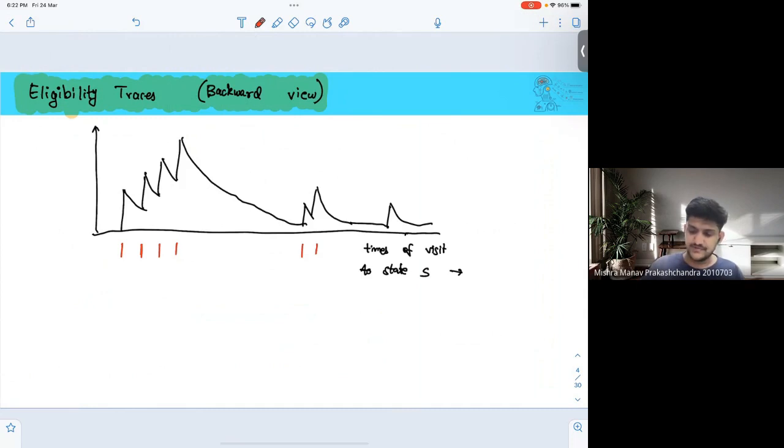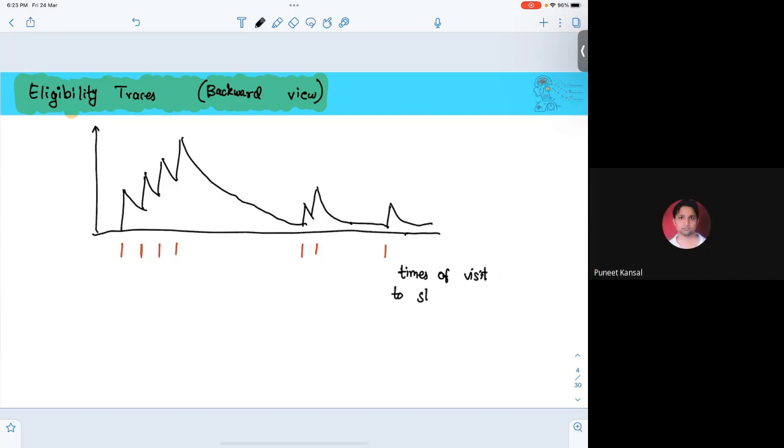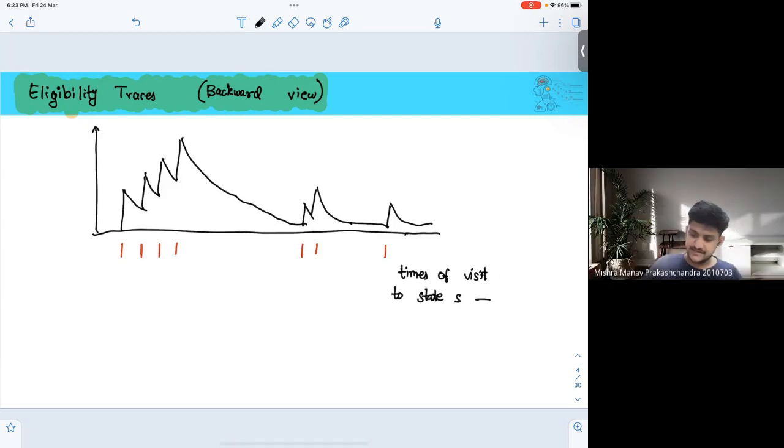So this is 2, and this is 1. Okay, so this tells me the times of visit to state S, and this is some sort of stimulus that is being experienced by making a visit to that particular state.